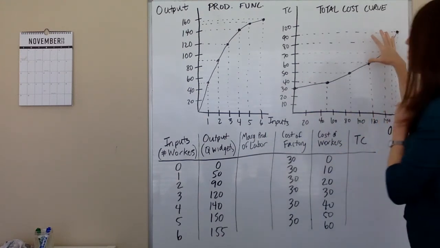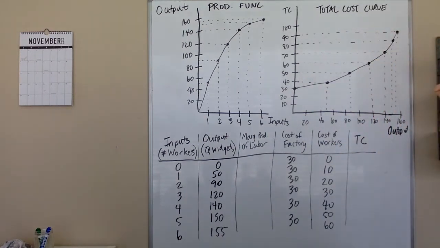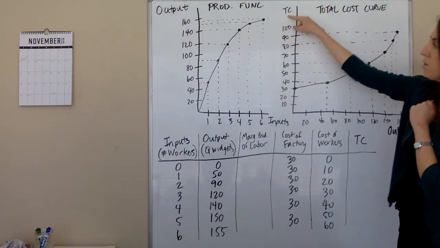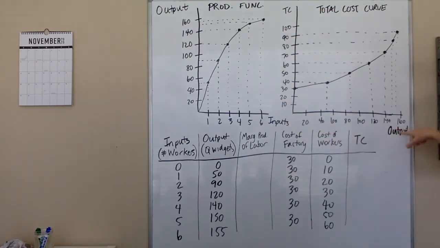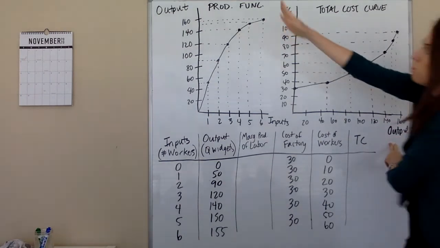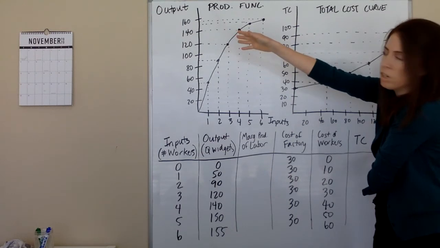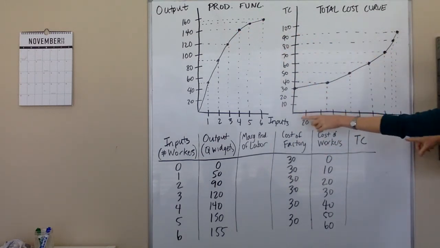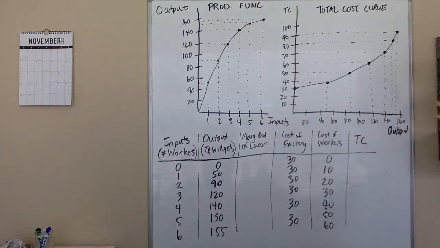Picture number two is a total cost curve. Again, note the axes. The vertical axis is total cost, so this is the dollar amount, and the horizontal axis is output. So what used to be on the vertical axis in the production function is moved over and positioned along the horizontal axis when we're looking at a total cost curve.